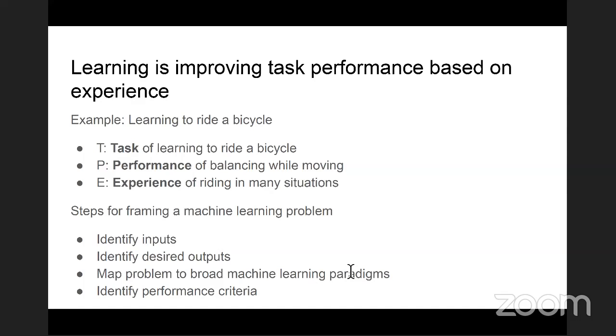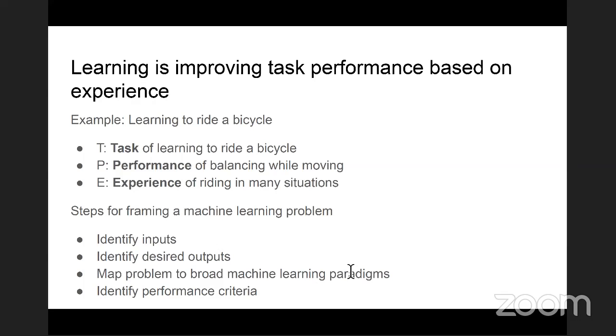So whenever we have a machine learning problem, the way we frame the problem is we identify the inputs. Here in the bicycle example, what are the inputs? Inputs are your bicycle velocity, the existing tilt of the bicycle, and let's say the twist of the handlebar. Then identify desired outputs.